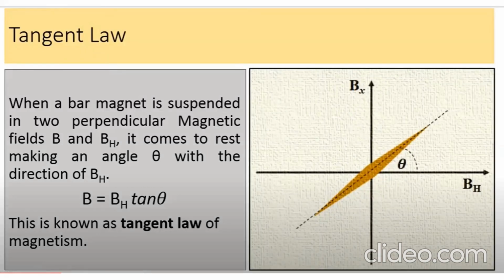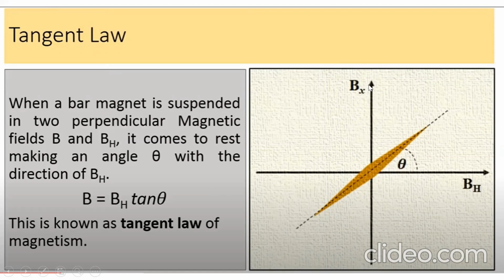According to the tangent law, when a magnetic needle is suspended in two perpendicular magnetic fields, it will come to rest making an angle theta with BH, the horizontal component of the Earth's magnetic field.